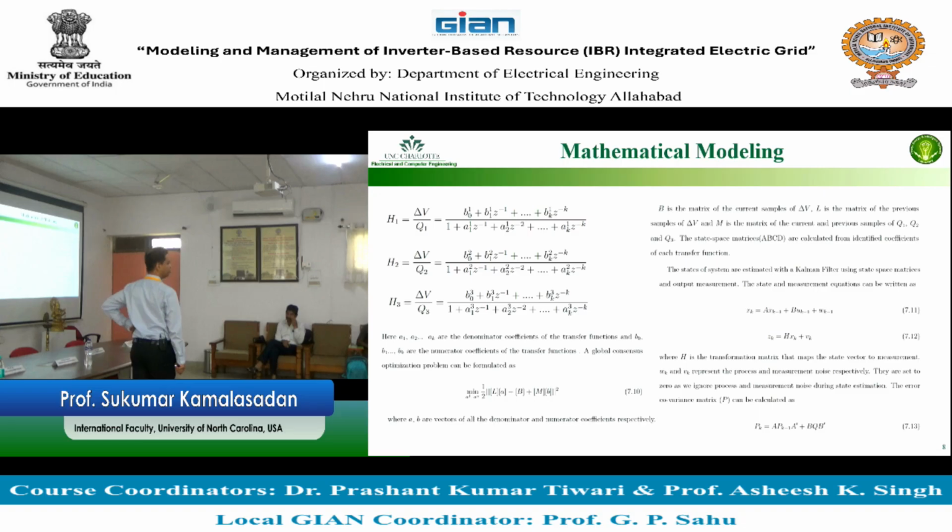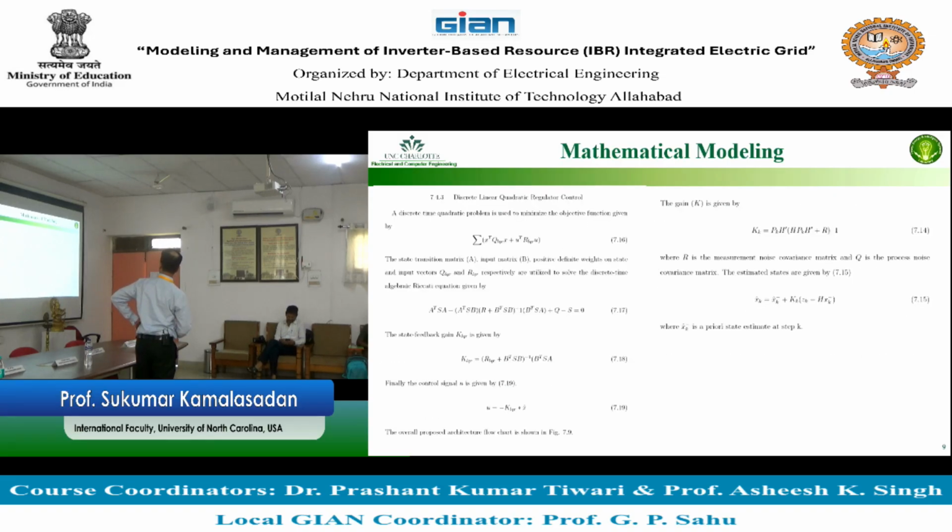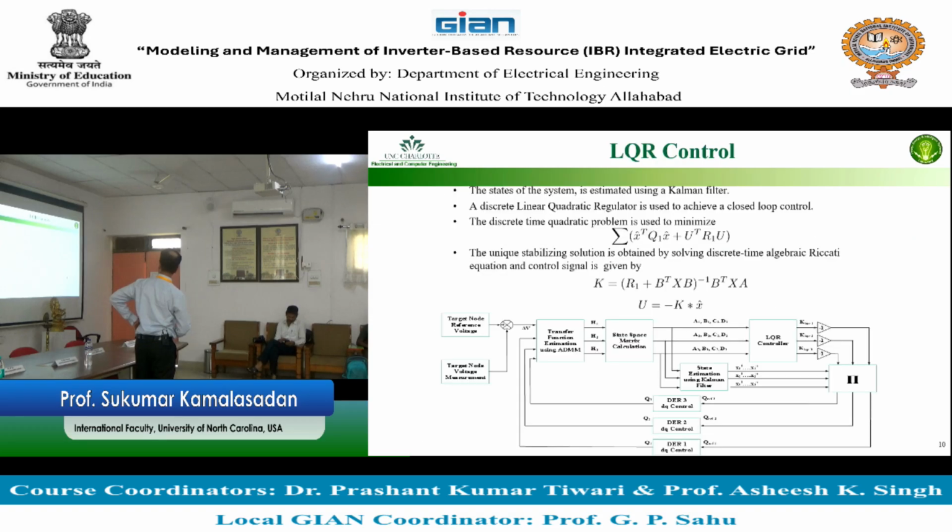Remember, I think we talked about it: for any controller, you need a state space representation, right? X dot equal to Ax plus Bu. You can get this X dot equal to Ax plus Bu form with the help of this. So this part is the transfer function estimation, and this part is developing the state space, and then we'll pass it to this controller, and the controller will do the work.